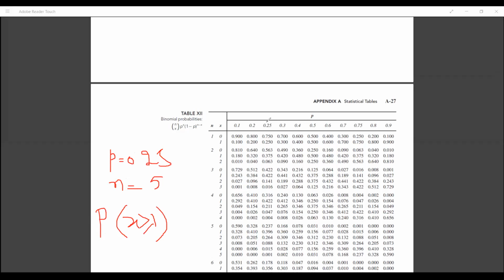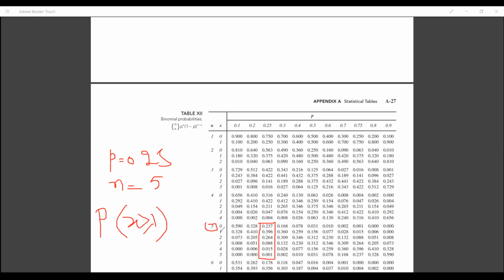So P is 0.25, and I am interested only in 5. I am not interested in these values. I am interested only in the last value. I am just skipping it because my interest is only in these numbers, because my value of n is 5.